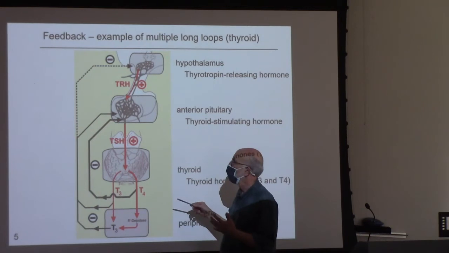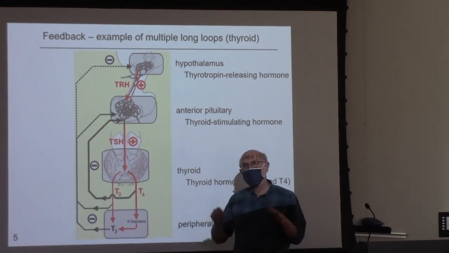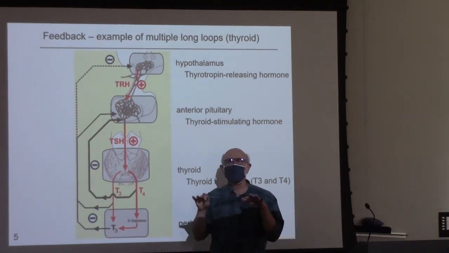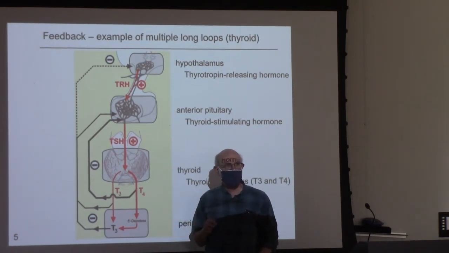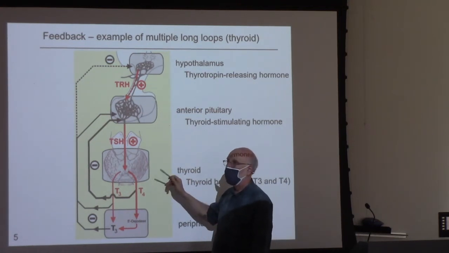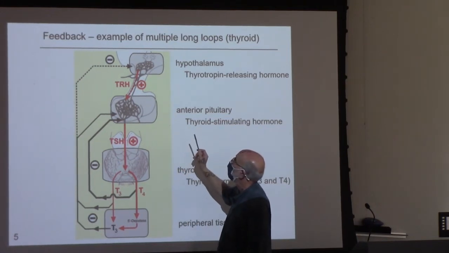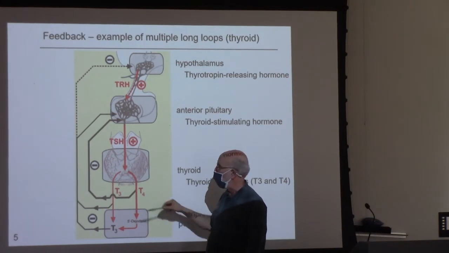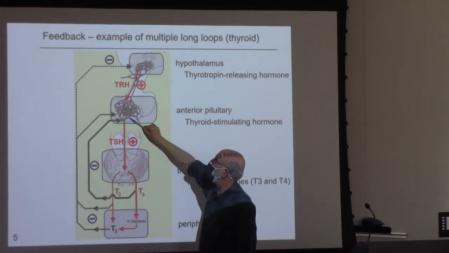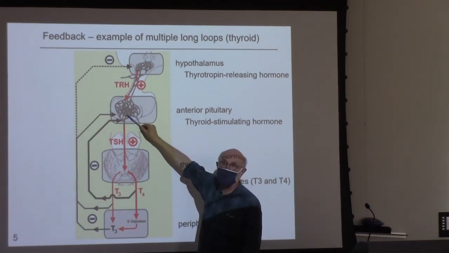Now, having introduced hypothyroid and hyperthyroid, we realize, okay, the correct level is what we need. Not too much, not too little. We need the Goldilocks level of thyroid hormone. And so there is negative feedback, both of T3, so T3 and T4 inhibit the production of TSH by the anterior pituitary.